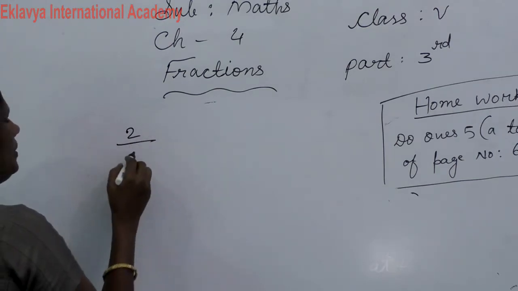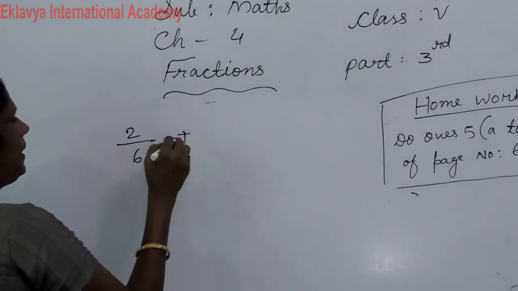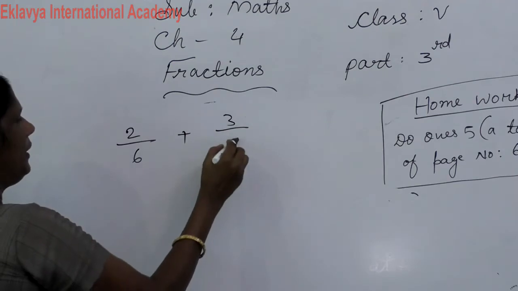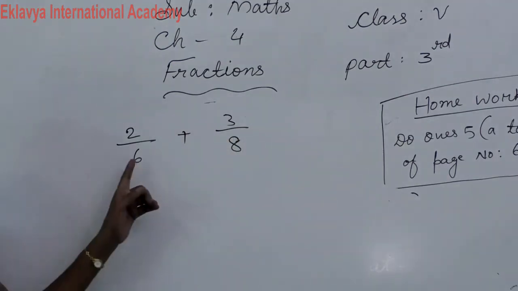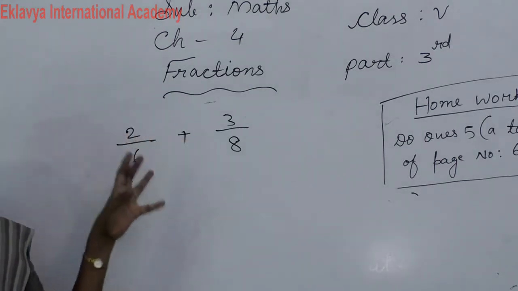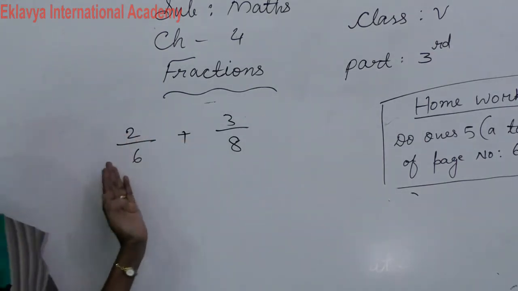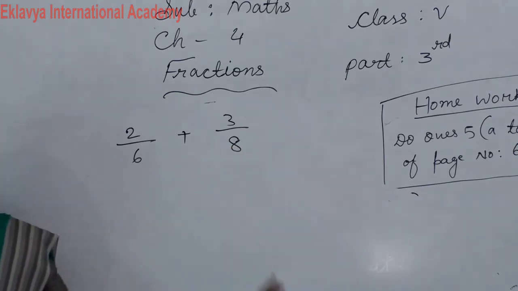2 upon 6 plus 3 upon 8. Look here, the denominators are different.